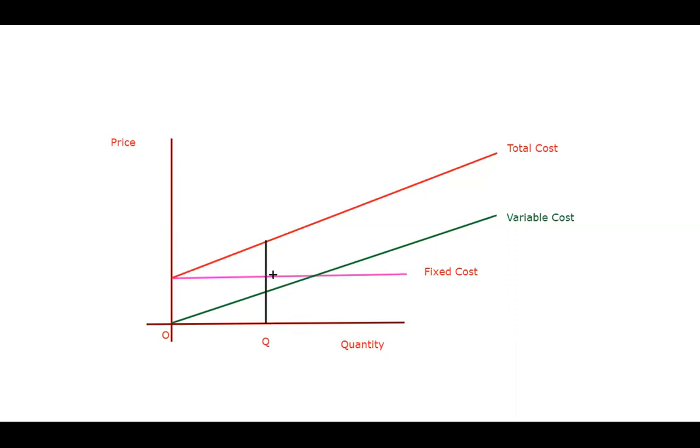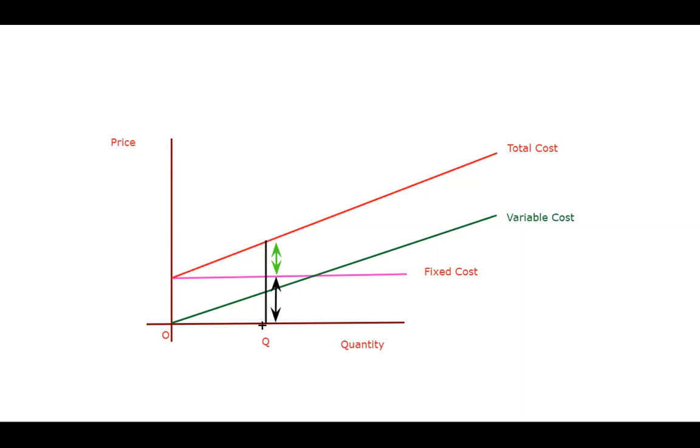That's your fixed cost. How much is your variable cost? Variable cost is this much, from here till here. Till this point, that's your variable cost.